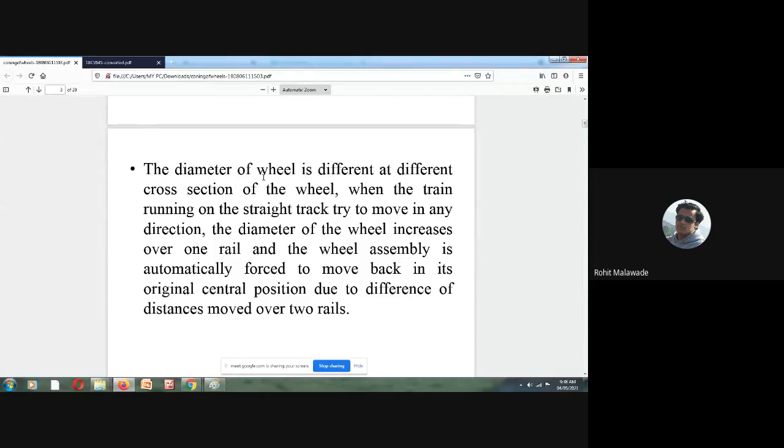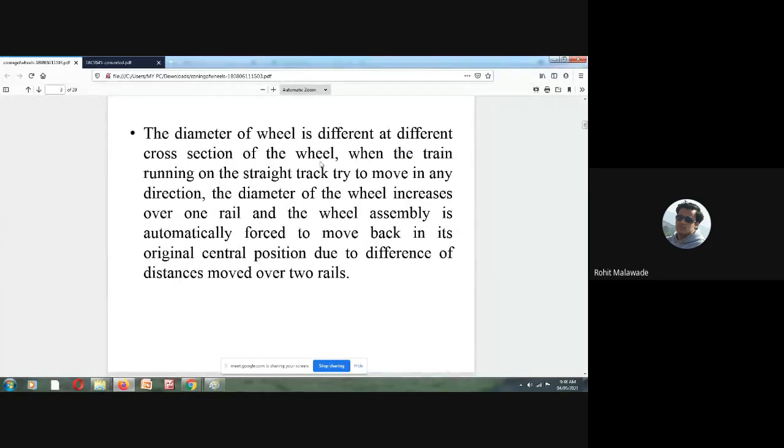The diameter of the wheel, I'll repeat it, is different at different cross sections of a wheel when the train running on the straight track tries to move in any direction.